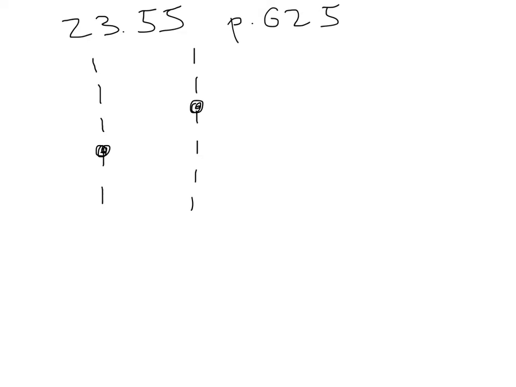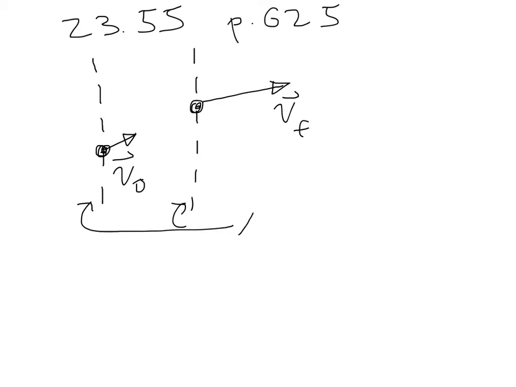I don't really know what direction its initial or final velocity is, but I can draw them there. It's obviously speeding up because this potential difference is giving it some kinetic energy. And I have a potential difference here, let's say of delta V. Again, I don't know what the path is, but it's some path here.